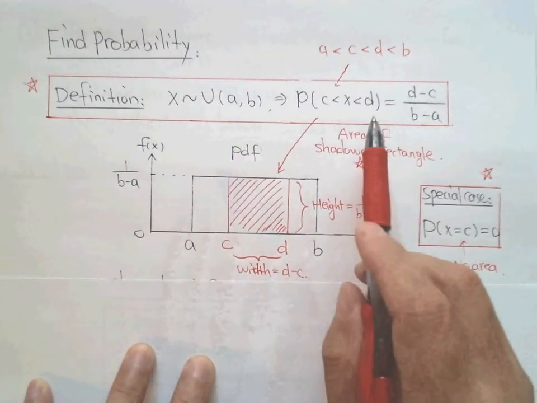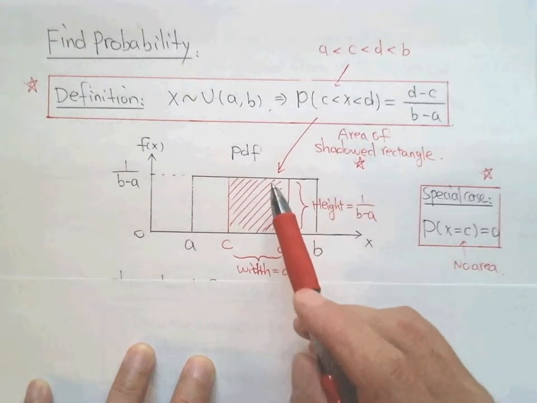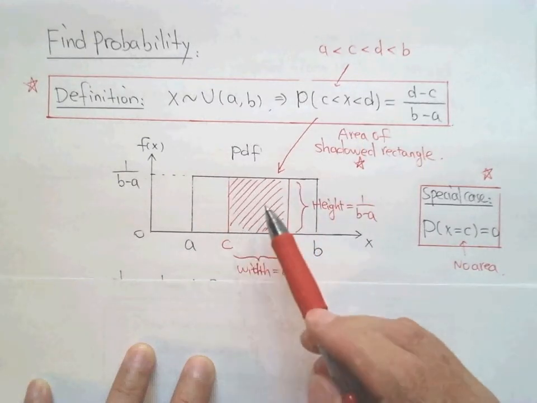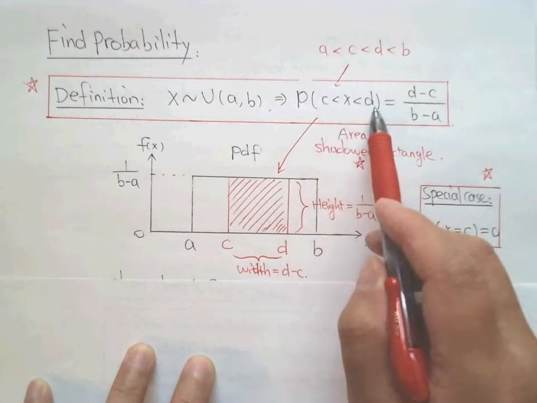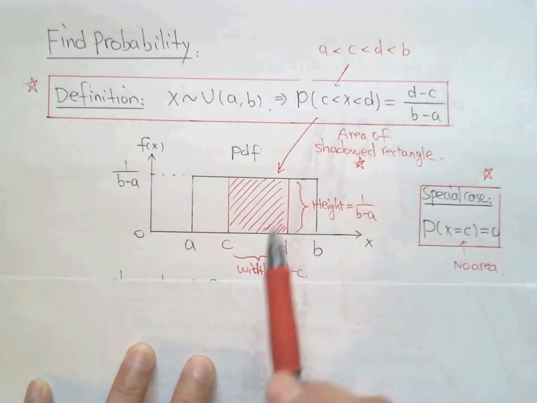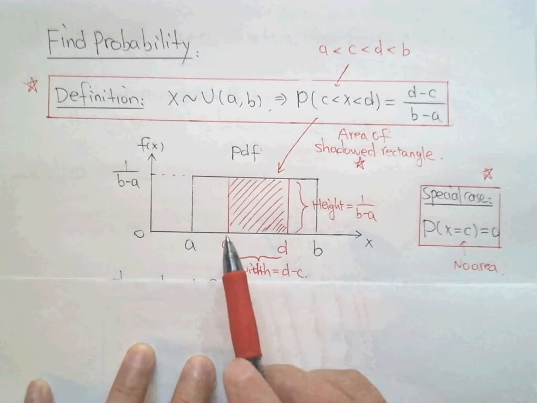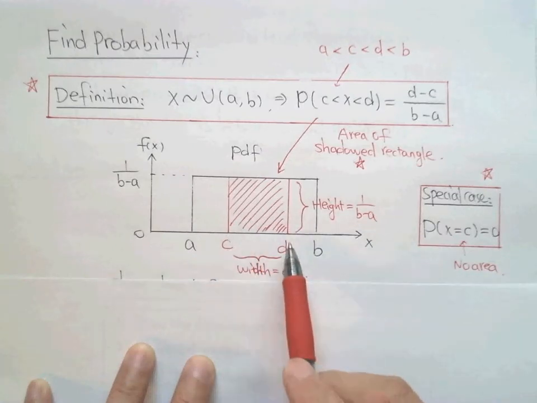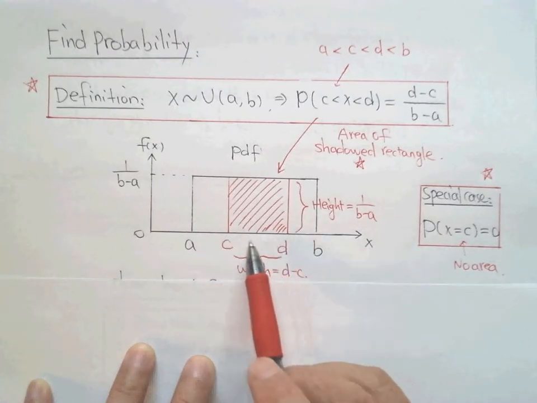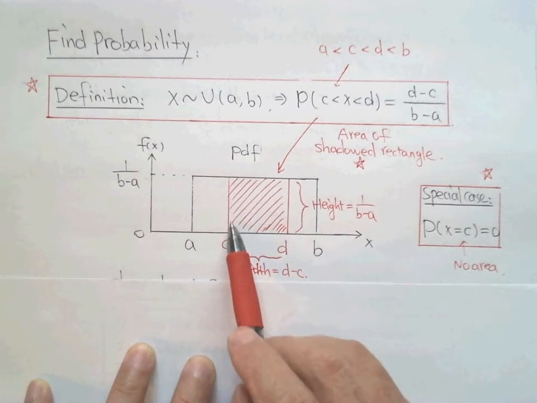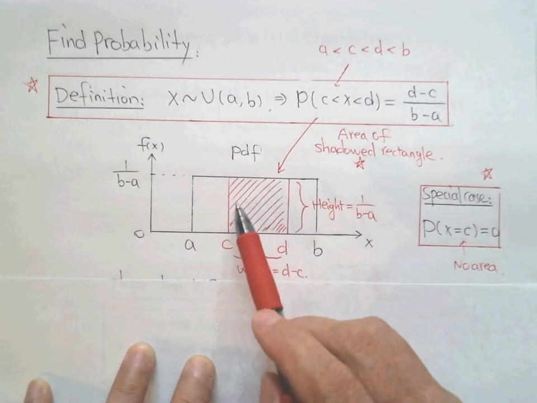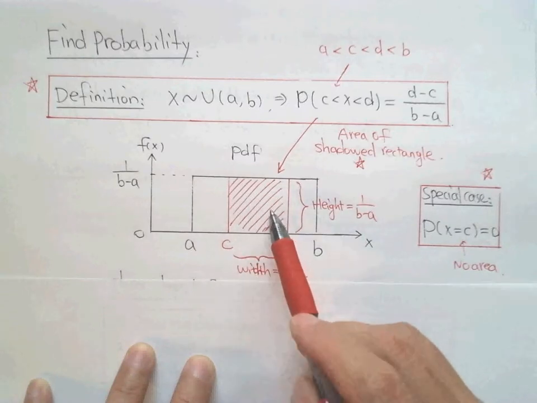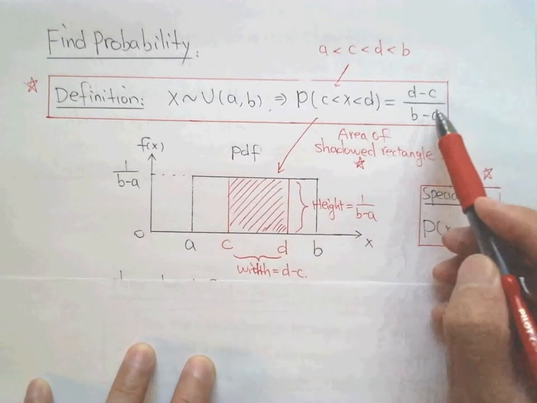Then if we highlight another small rectangle, the width is from C to D. AB is the big one, and inside we have C to D, a small interval. Make this, draw a vertical line, and highlight. We will see the area of this small rectangle exactly equals this probability.